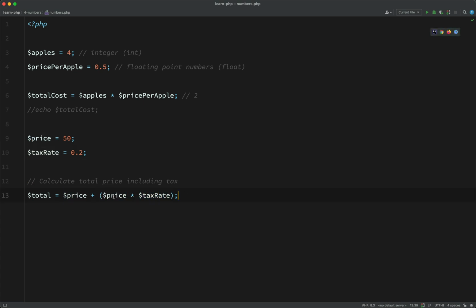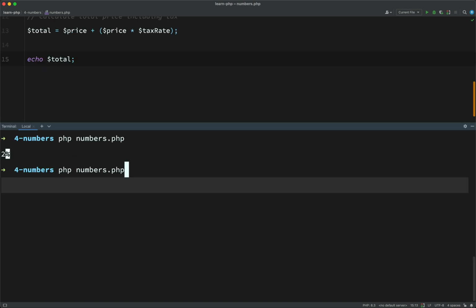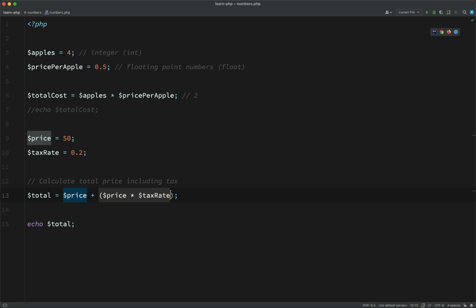Now as it happens, price multiplied by tax rate would be calculated first, and we'll talk about the order of operations in a moment, but here we've just calculated the price plus the tax, or the price including tax. And so if we go and echo that out, we now get 60. So this on its own would have evaluated to 10, 0.2 of 50.